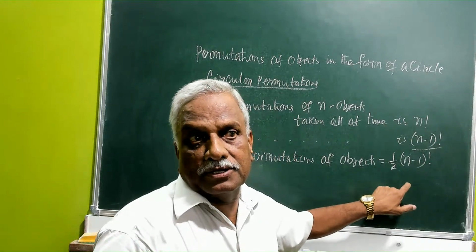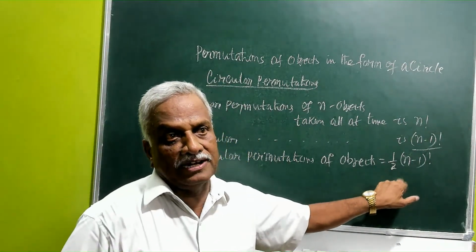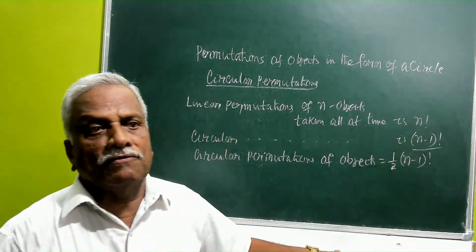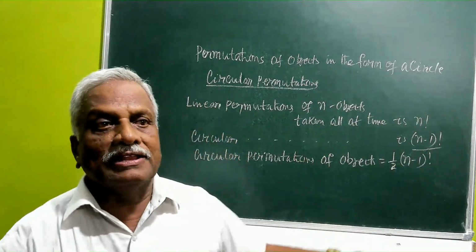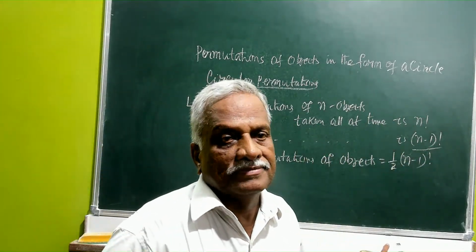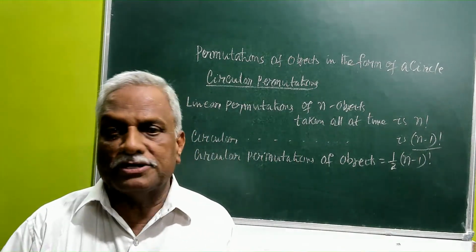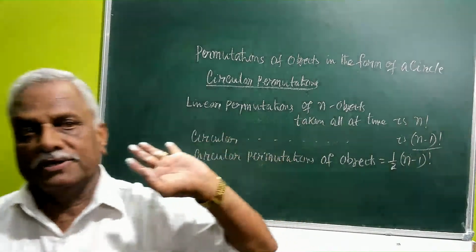So whenever we talk of arranging objects in the form of a circle, it is taken as half of n minus 1 factorial. Whenever we talk of arranging people, human beings, we take it n minus 1 factorial. Or in the problem it is given, the clockwise and anti-clockwise arrangement should be treated as same. Then you can always write half of it.